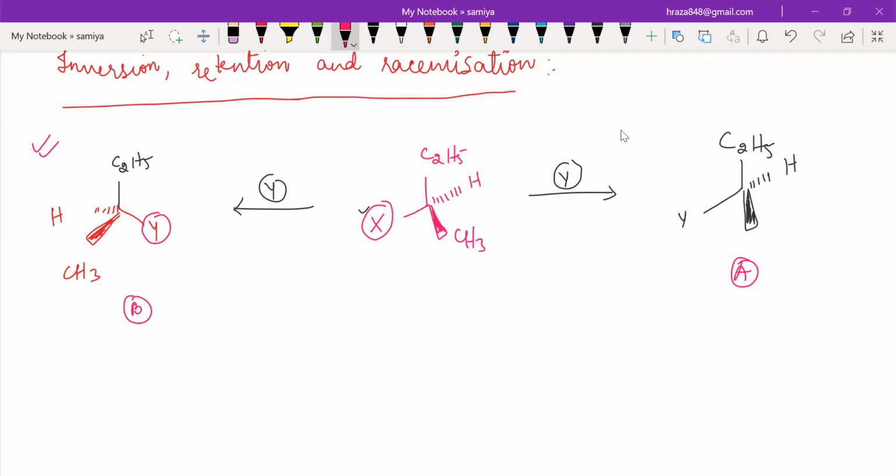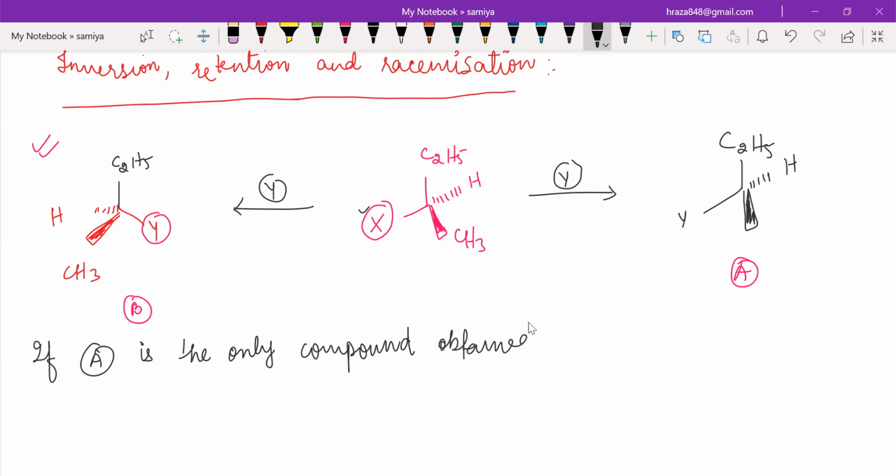This B is inversion and A is retention. If A is the only product obtained, the process is called retention.